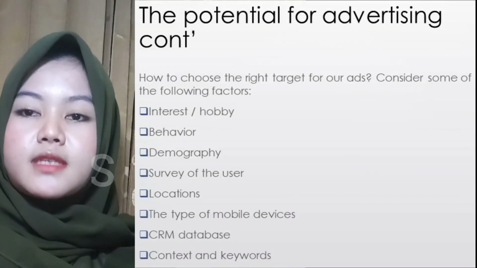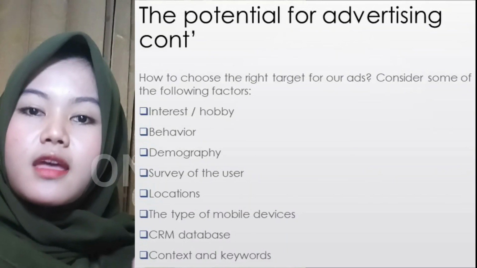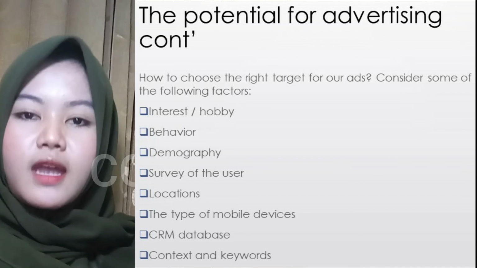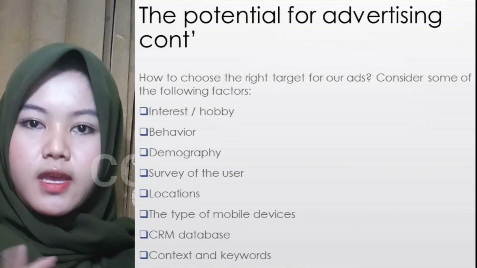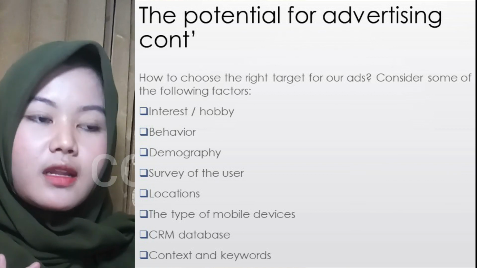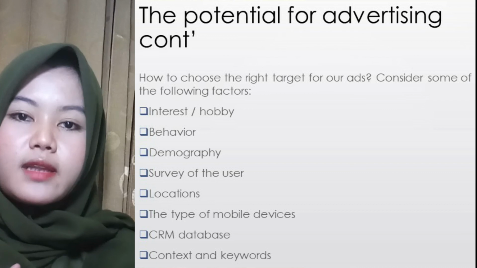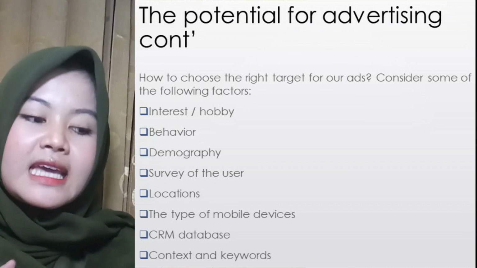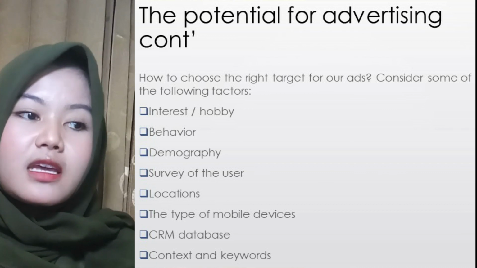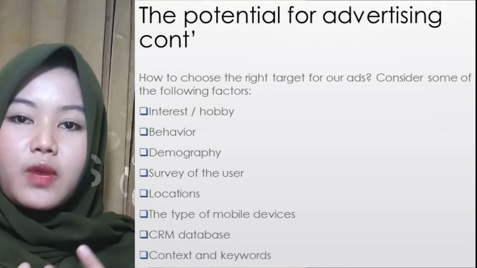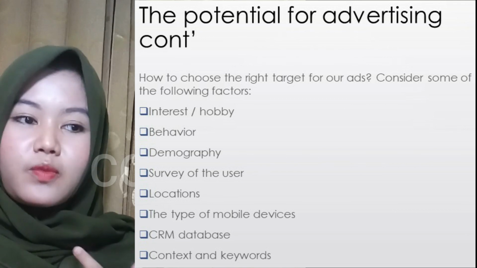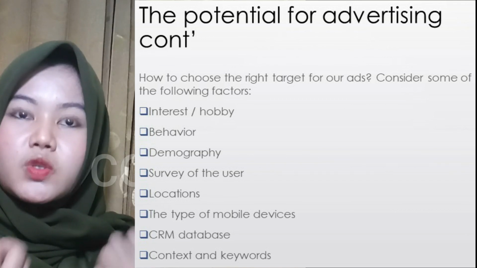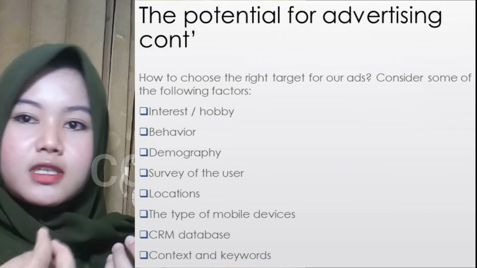Some factors we must consider to choose the right target for our ads. The first is interest or hobby. We must analyze the interest of our target. We must think, is the interest suited to our advertising? Is it right for us to advertise to people that have that interest or not?